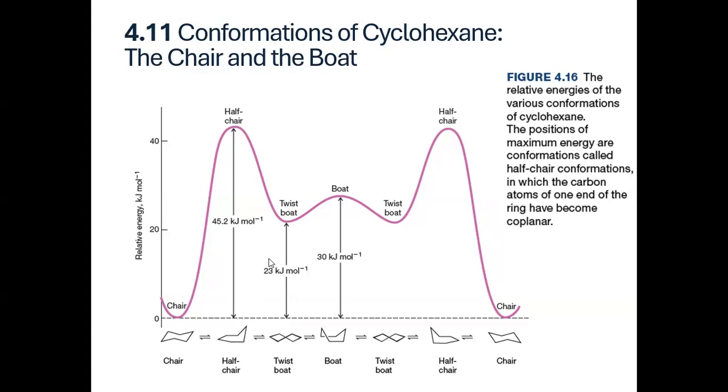Okay, so we're back on our lecture on chapter 4. In the previous discussion, we talked about the strains placed on our cyclic compounds. There are two types of strains. We've learned about the angle strain and the torsional strain for the different cyclic compounds.